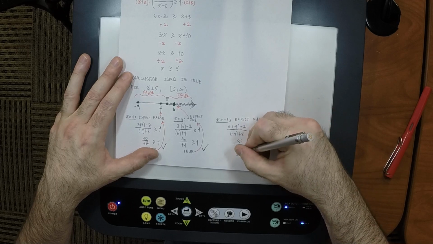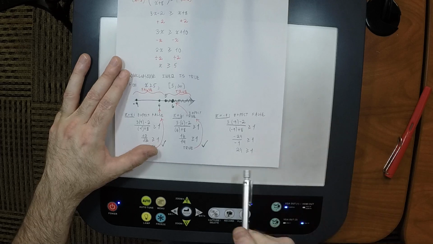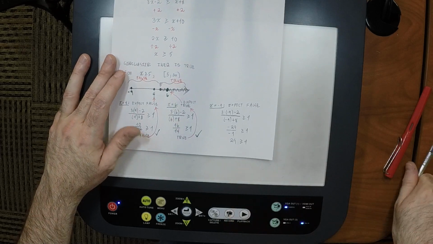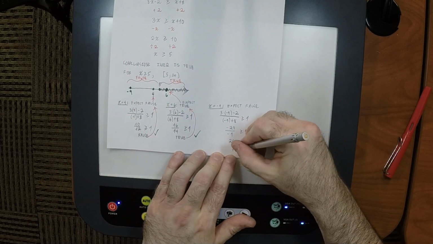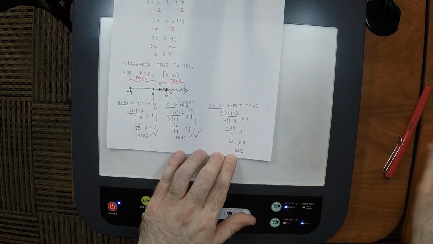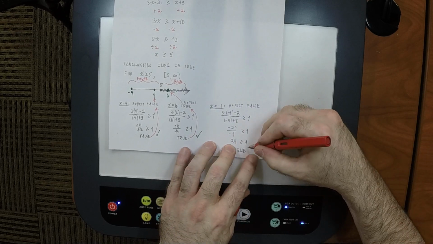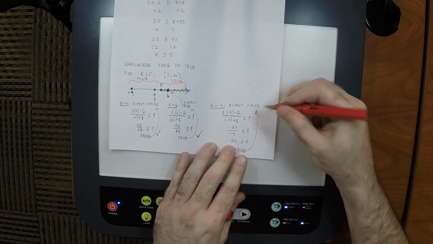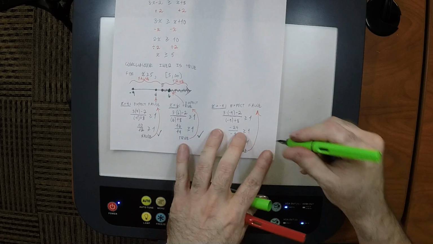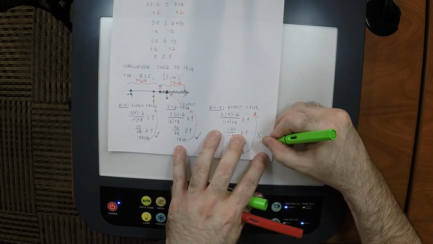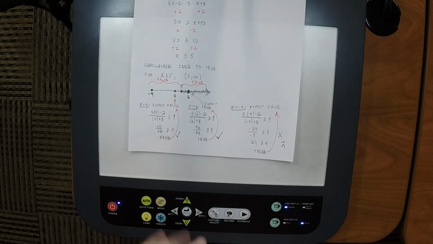So that's 29 greater than or equal to 1. False or true? That's true. And what do we expect? False. Huh. So something really did go wrong.